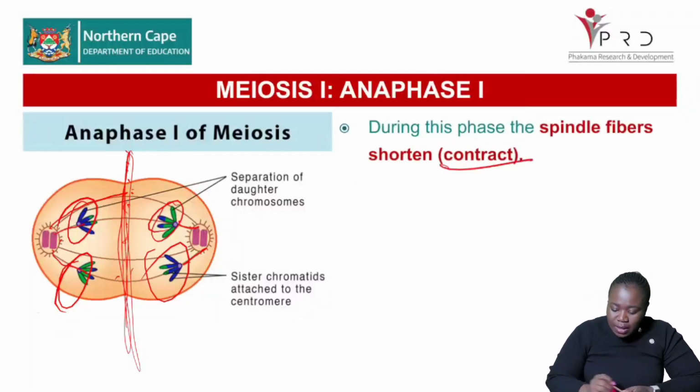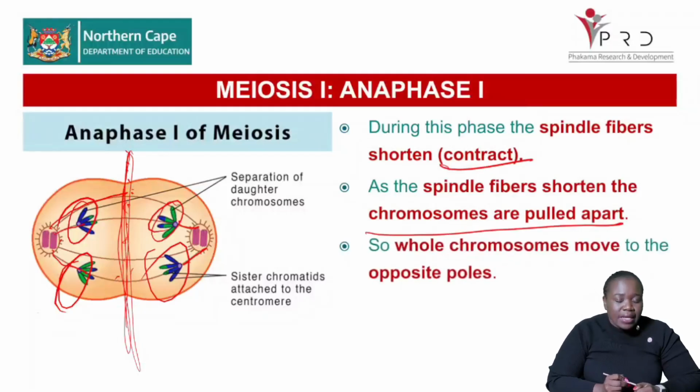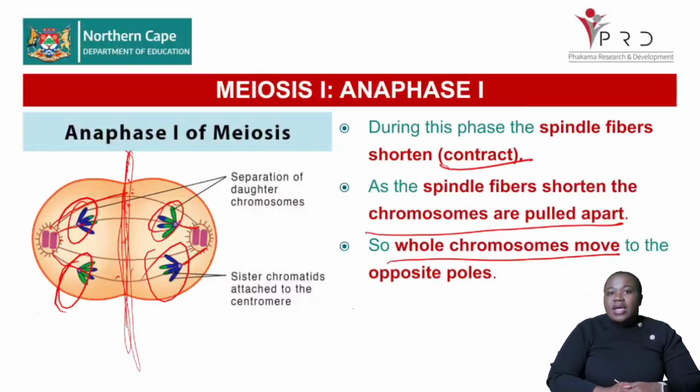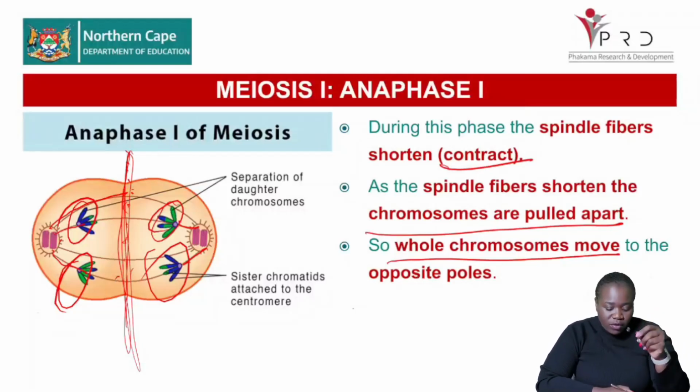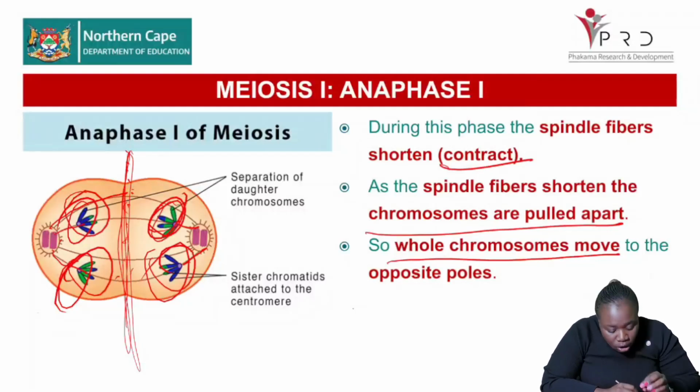So here the spindle fiber will contract, and it is going to pull the chromosomes apart as it shortens, because the chromosomes are attached to the spindle fibers. And then whole chromosomes are going to move to the opposite poles. Here we are looking at whole chromosomes moving to the opposite poles. It is still a chromosome, meaning that we are not looking at chromatids being pulled to the opposite side.